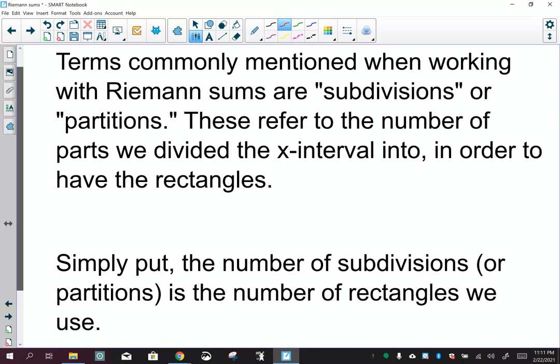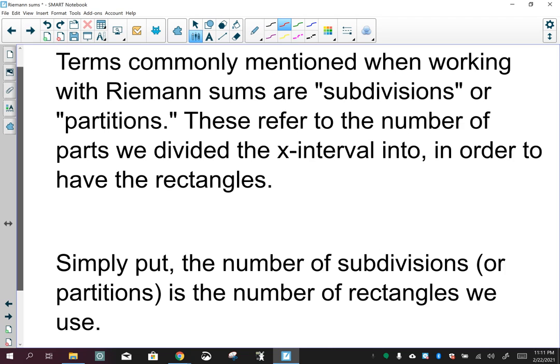So when we're dealing with Riemann sums, you're going to hear the words subdivision. You'll hear the word partition. What this basically means is, how many rectangles do they want? And when they say, I want you to take this interval and I want you to partition it 6 different ways, that means it wants 6 uniform rectangles.